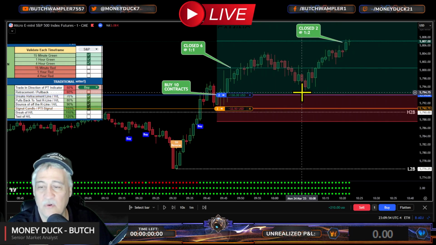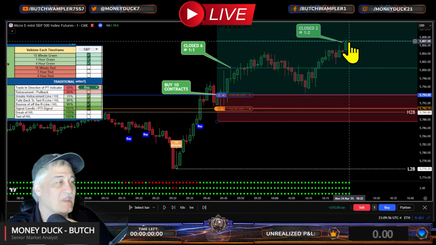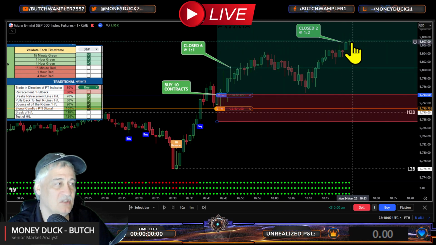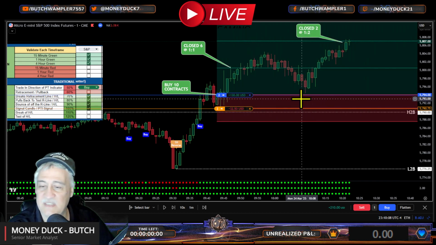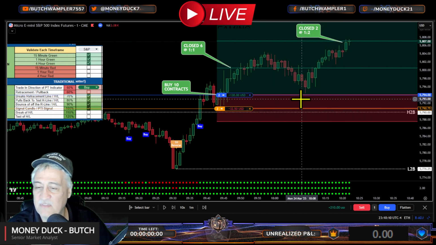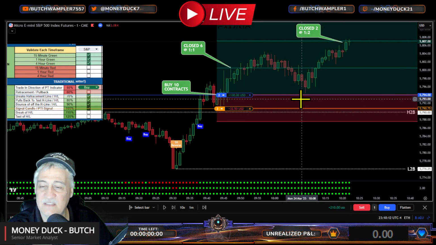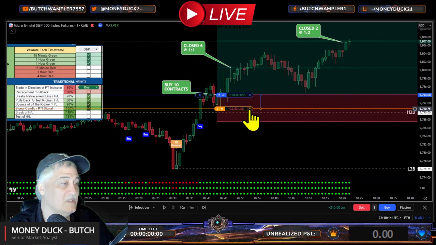I still got one more to record. Hit level 3, sorry, and that's our 2-to-1 risk to reward level. So 2 times risk. At that point, we're going to move our stop to break even. So it hit profit target 2. I moved my stop to 57.94, which is our entry.